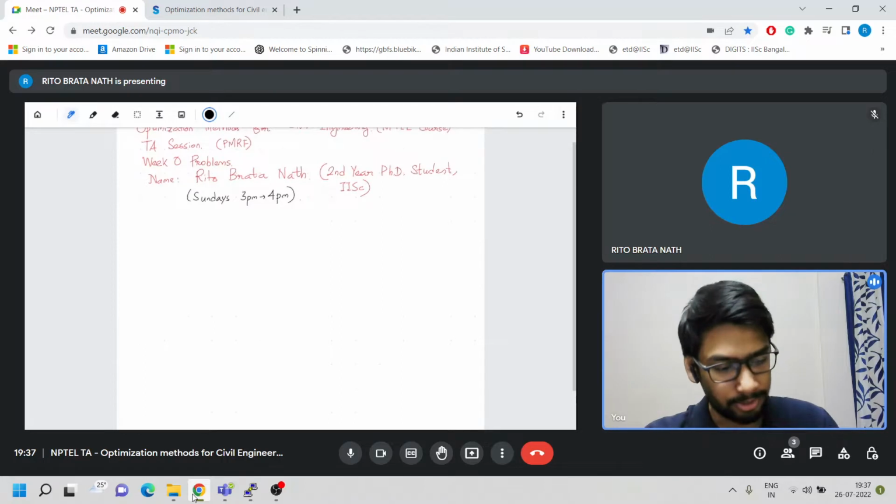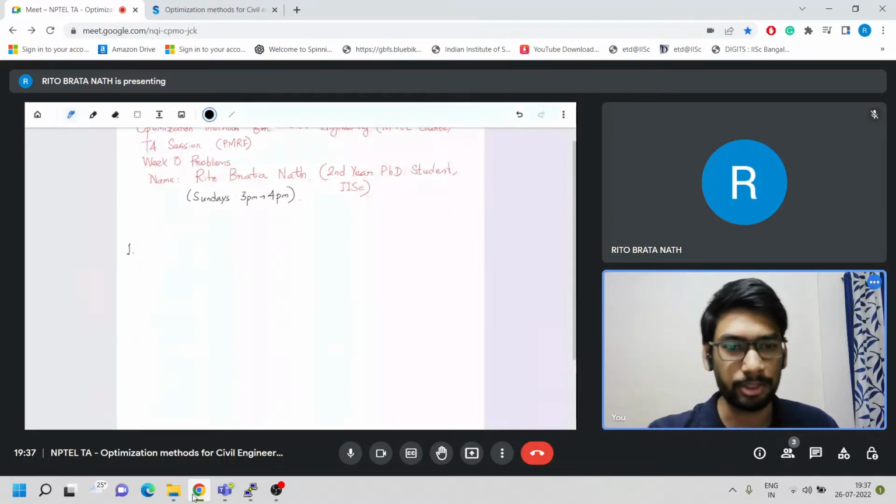The first question I'd like to solve involves some of the concepts of maxima and minima that you have learned in basic class 12: how you minimize a function of one variable.